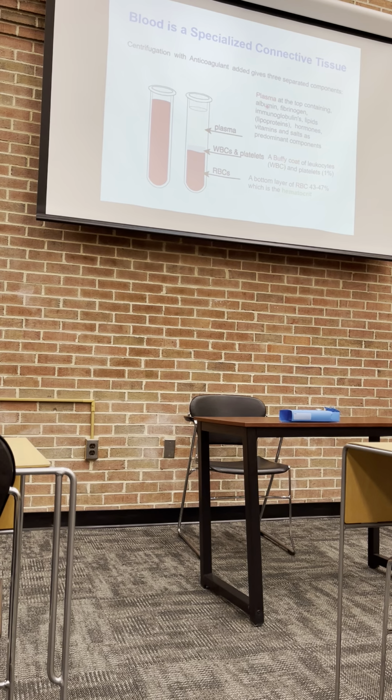You're going to have albumin, fibrinogen, which is a clotting protein, immunoglobulins, lipids, lipoproteins, hormones, vitamins, salts, etc. All the soluble components are going to be in the plasma. And then again, the buffy coat and the platelets in the middle, about 1%.